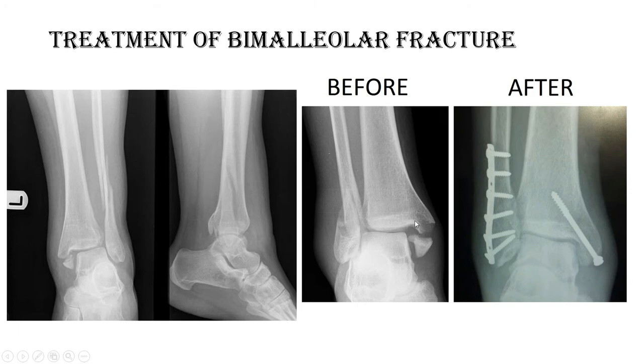As a result, malunion and non-union over this area will occur, and malalignment of the ankle will occur, and that can cause irritating pain over this area. So you have to fix it by an implant, and after fixing, intraoperatively we have to check this ankle mortise, the gap over here, the gap over here. Okay, and you have to check that no implant is introduced in the joint and the syndesmotic area.